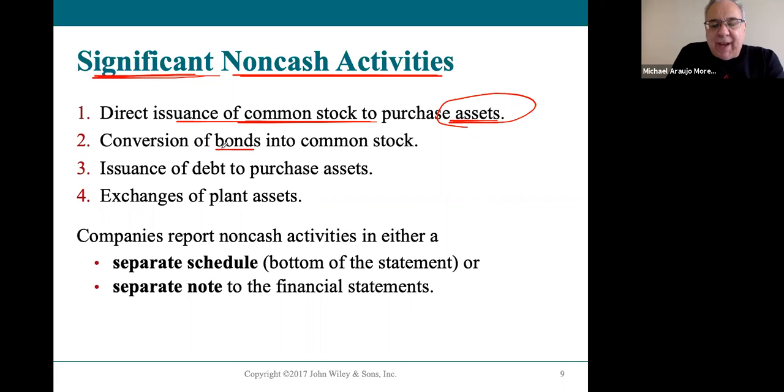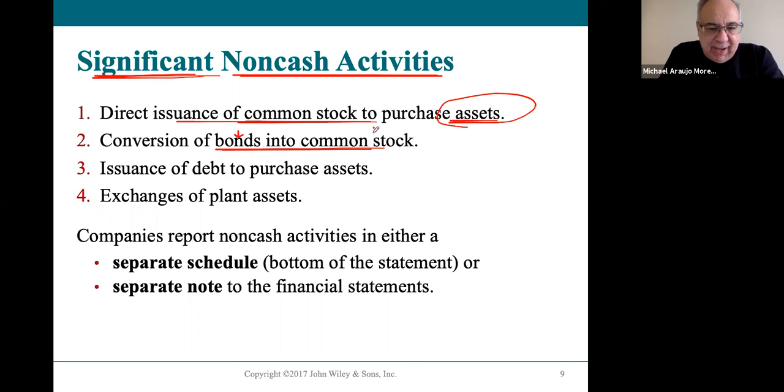You probably remember back in chapter 10, we talked about certain bonds having a conversion feature. They can convert those bonds to common stock. That is also a non-cash activity. When bondholders decide to convert their bond to common stock, they no longer have the bond.